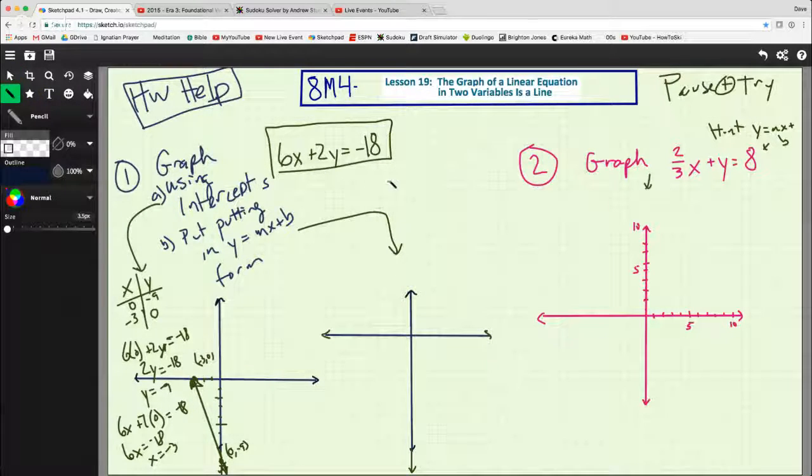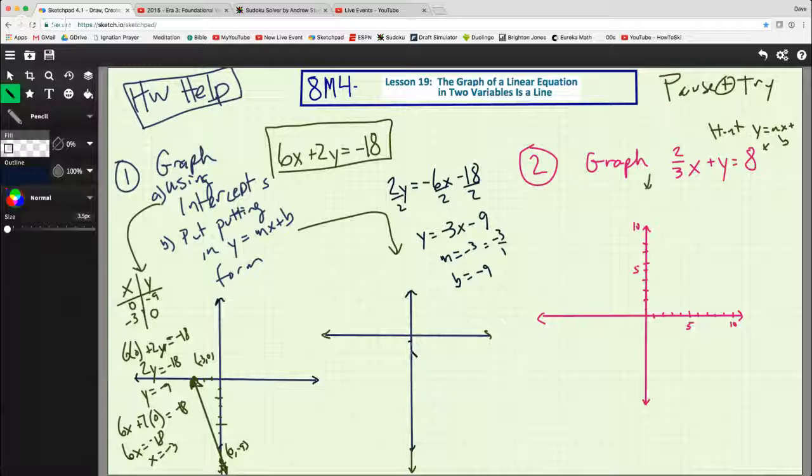So we have 2y equals negative 6x minus 18. Because I subtracted 6x from both sides, now I divide all my terms by 2, and I get y equals negative 3x minus 9. So my slope is negative 3, or negative 3 over 1, and my y-intercept is negative 9.